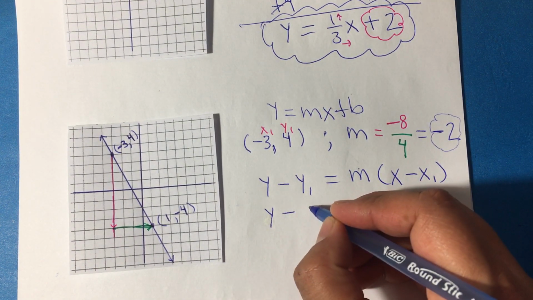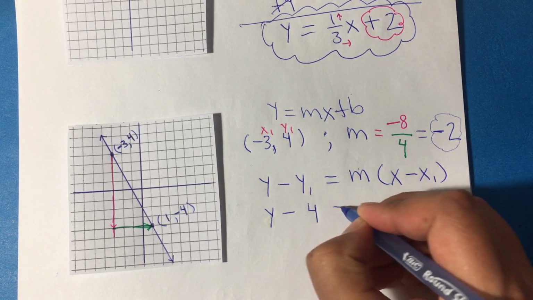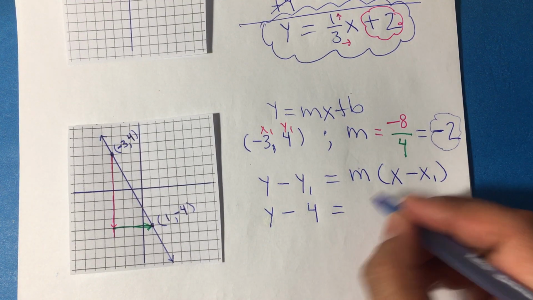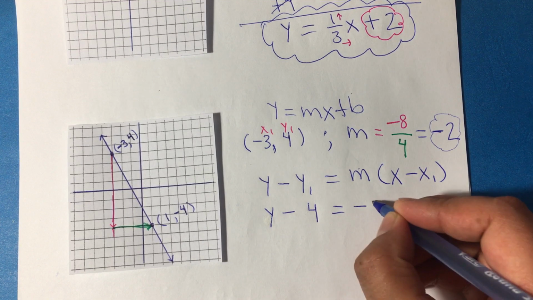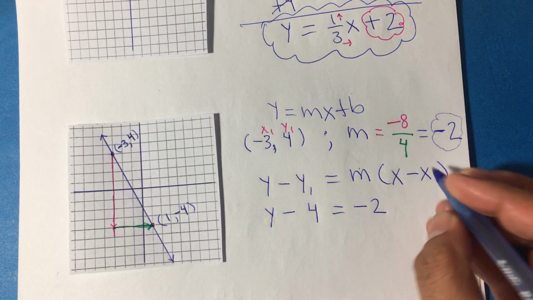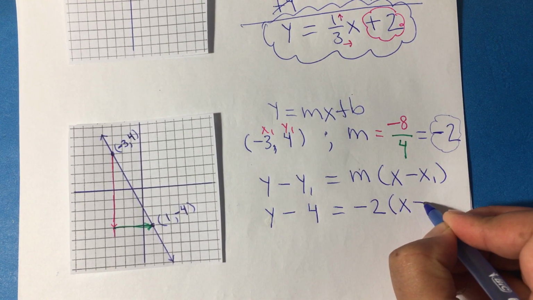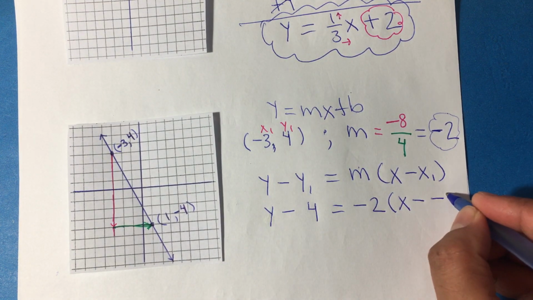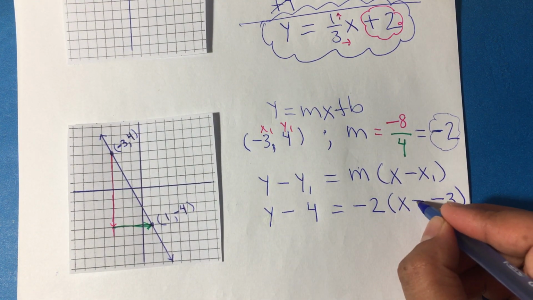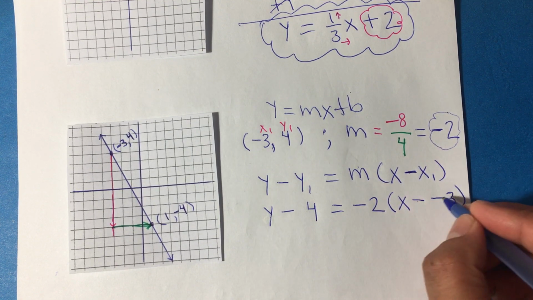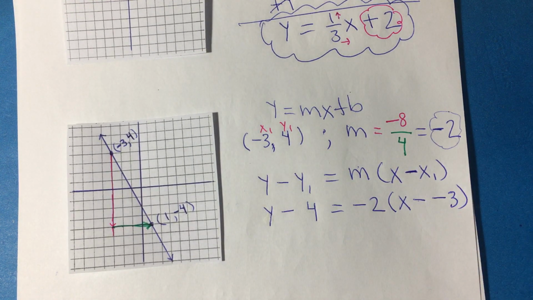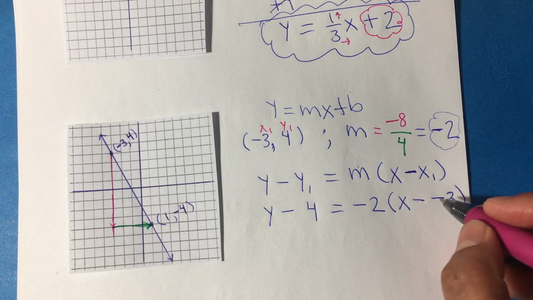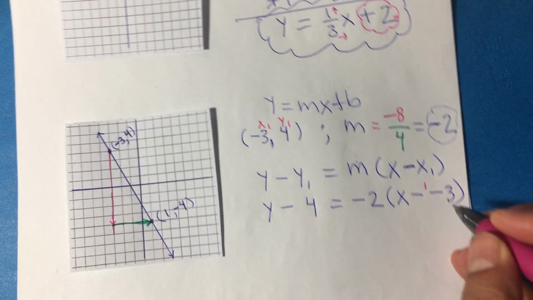Y minus y1 is 4. The slope, we're going to use the simplified one, -2. X minus, now x is negative, so -3. Negative from the formula and negative from x. And two negatives together make the big plus.